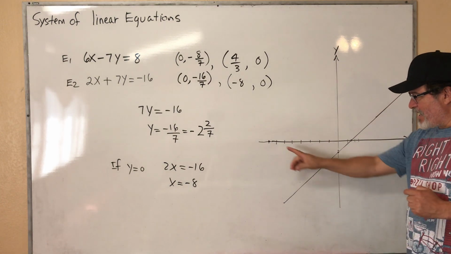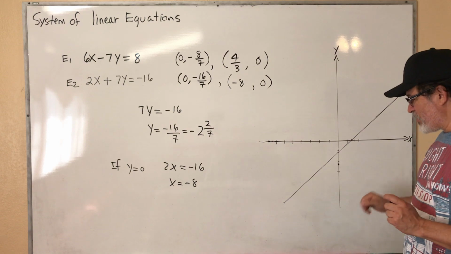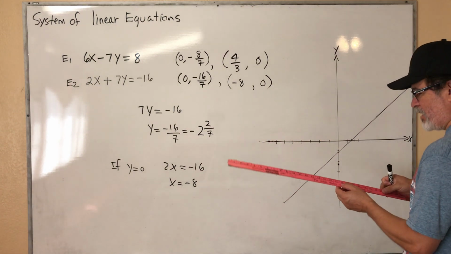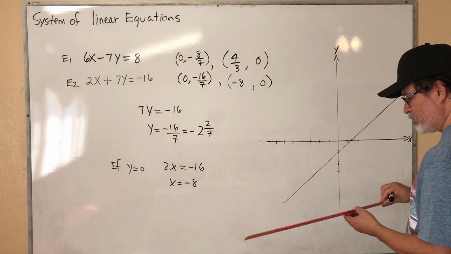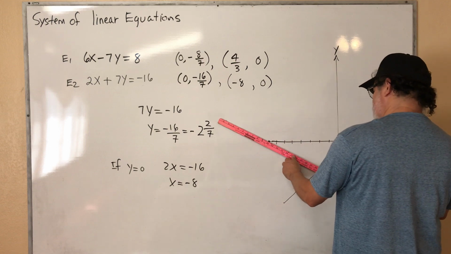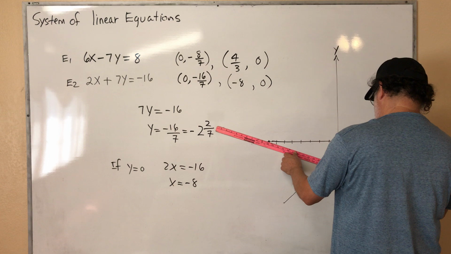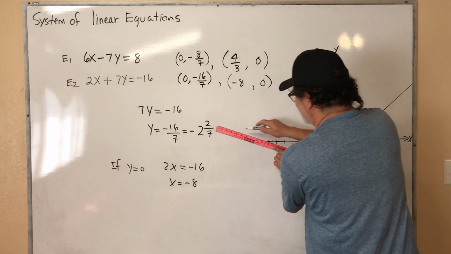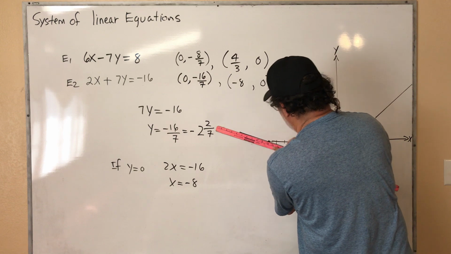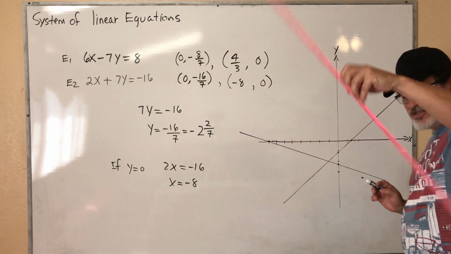So now I have this point and this point to the second equation. I'm going to graph those 2 points. I'm going to pass a straight line through them, correct? All right. So here we go. And that's going to be the graph of the second equation.